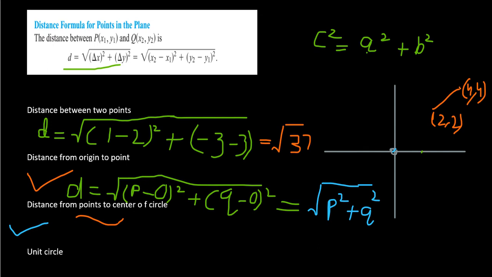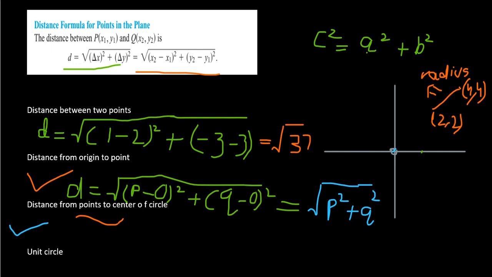So by using the same distance formula you can find out this distance, that you can also say as radius of circle whose center is 2 and 2.